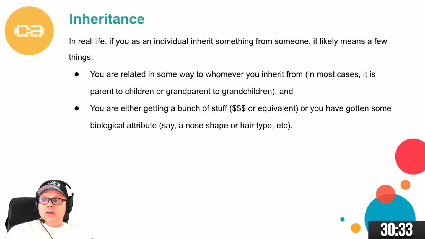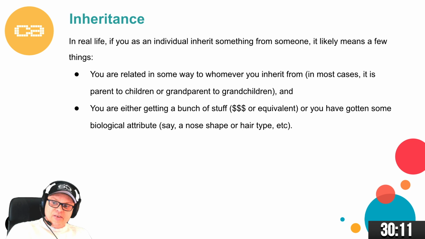Now, in real life, if you as an individual inherit something from someone, it could mean two things. You are probably related to this person in some way. In most cases it is parent to children or grandparent to grandchildren and so on.